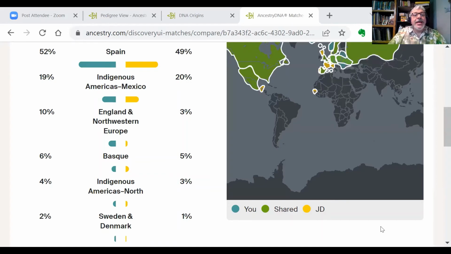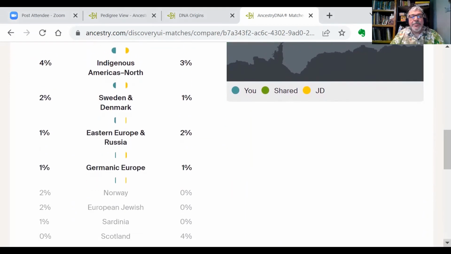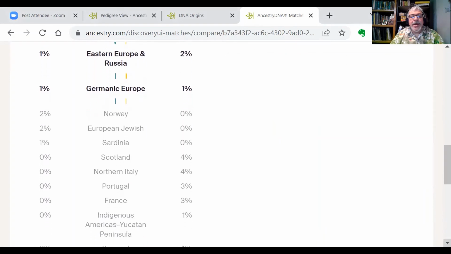And so if we look at this, we'll see here England and Northwestern Europe. So are the Bourguignons showing up as England and Northwestern Europe? I don't know. We also have Sweden and Denmark down there, Eastern Europe and Russia, Germanic Europe, and then a bunch of things that are not the same as me.